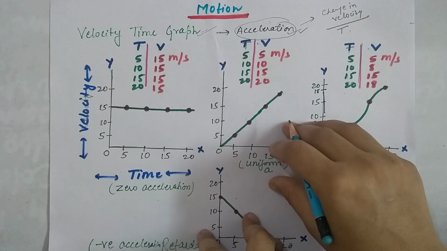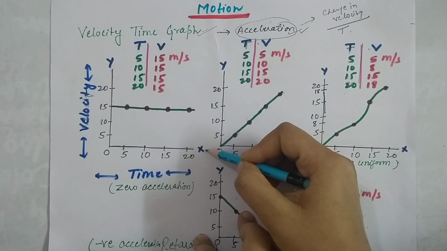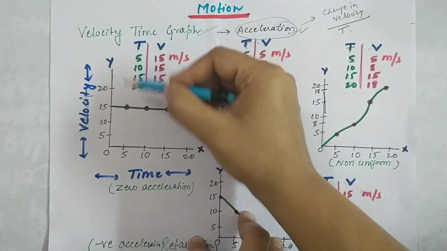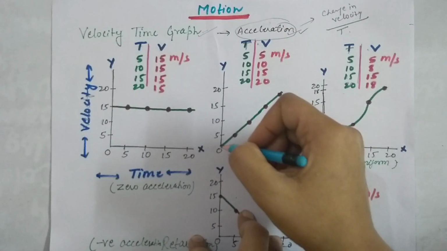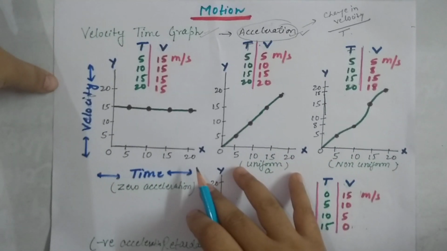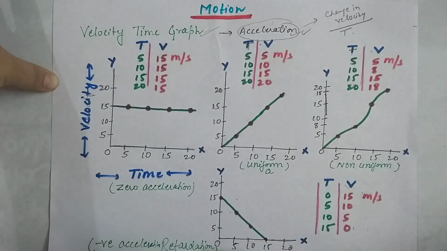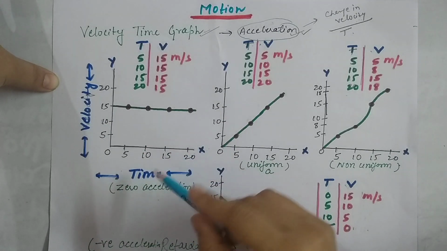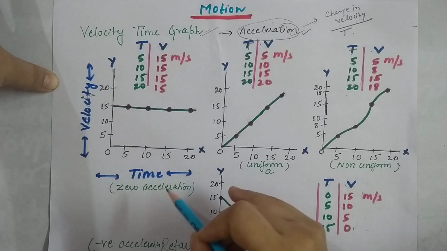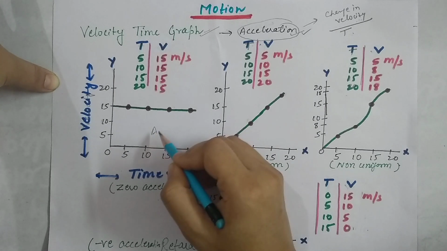In the graph, first we will draw the x-axis and y-axis. Time is on the x-axis and velocity is on the y-axis, and we mark accordingly. So what happens in the first graph, A?